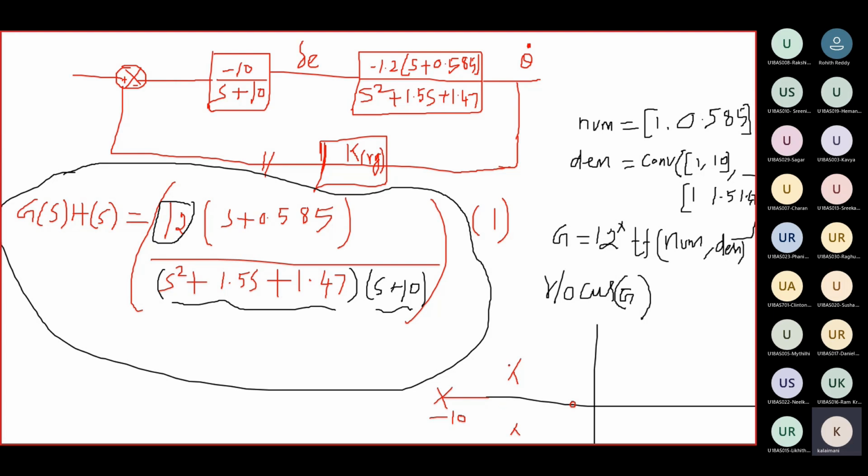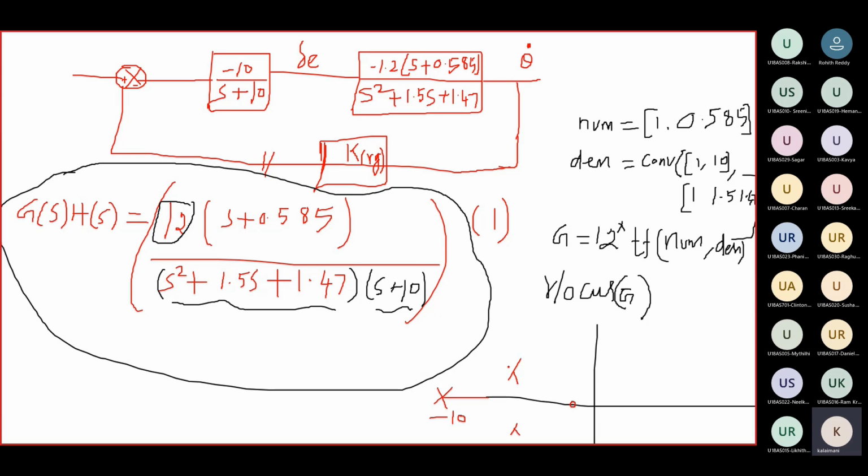Next step is we have to verify whether the root locus lies on the real axis or not. Then we take some test point. To the right hand side of the test point, if the total number of poles and zeros is an odd number, then that portion will be part of the root locus. Then we need to check breakaway and calculate the angle of asymptotes.